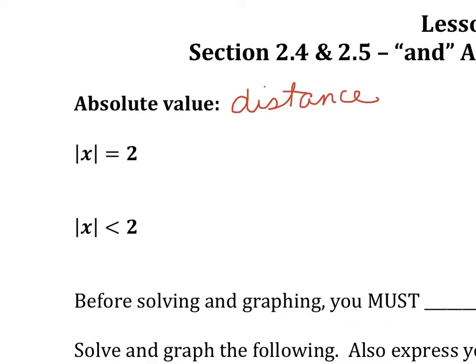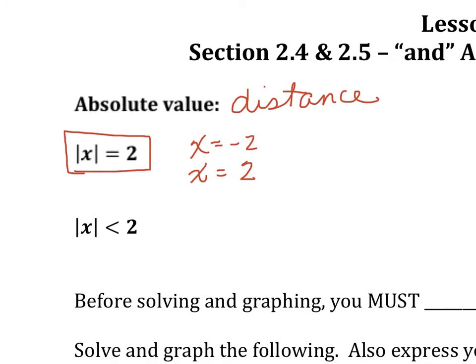What we learned last time was that if you have an absolute value that is equal to a number, then you will have two solutions. And here we had x is equal to -2 and x is equal to +2.